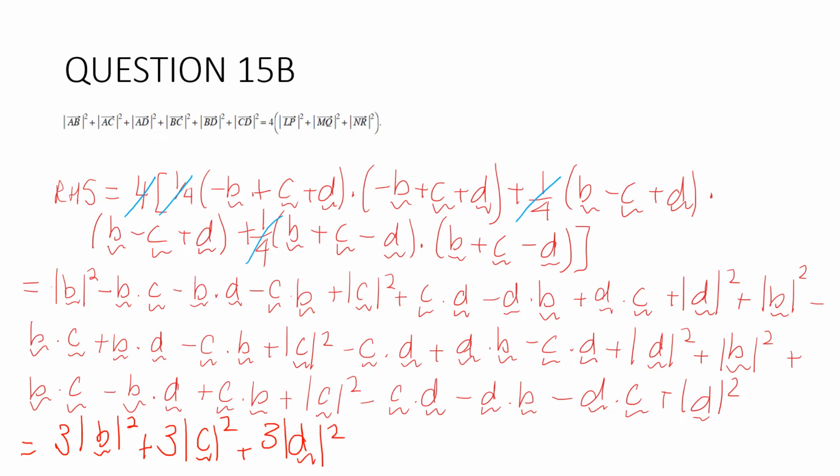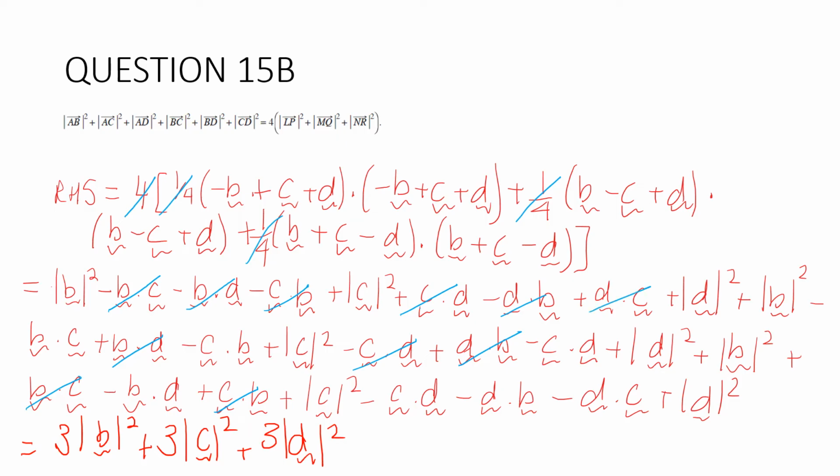So minus B dot C, and there's a plus somewhere down here, there, minus B dot D plus minus C dot B there, plus C dot D minus D dot B and D dot C there.